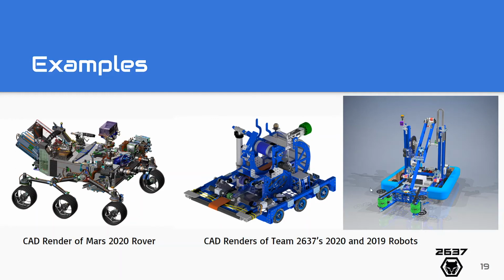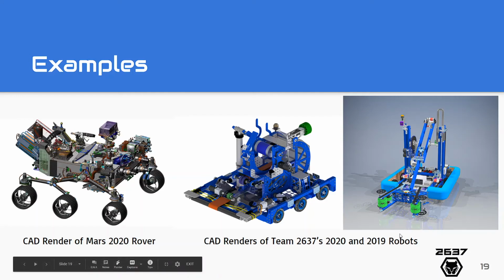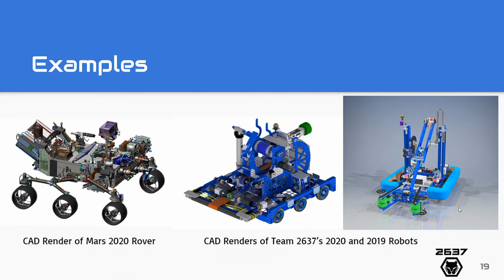And in the middle and right, you can see CAD renders of our robotics team 2637's 2020 and 2019 robots. Again, this also has all the pneumatics and all the electronics in it, but you can see it's a lot simpler than the Mars robot. But either way, they're both using CAD and they're both following the same process.